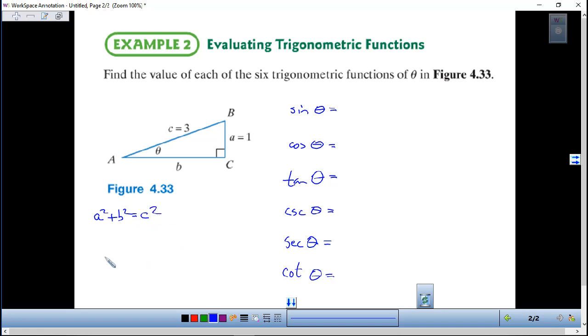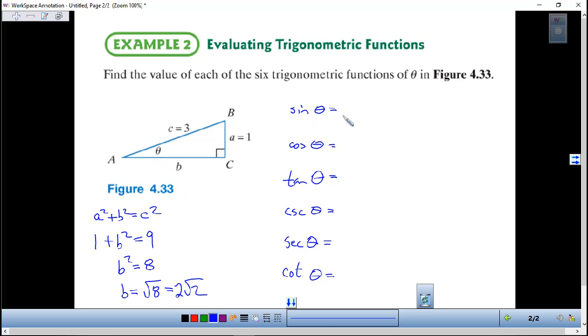When we plug everything in and square it, we're going to end up with 1 plus b squared equals 9. So we can subtract from both sides, and b squared is going to equal 8, which means b is going to be the square root of 8, which equals 2 square roots of 2. Alright, so that's going to be my adjacent side.